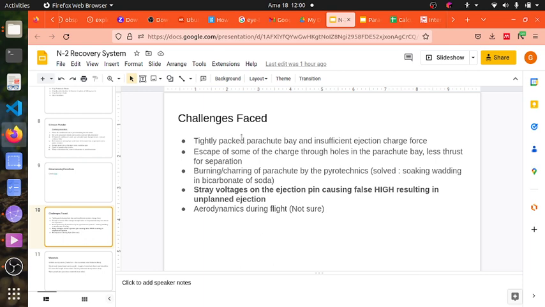Tightly packed means you're fitting too much material inside the parachute bay, and the crimson powder is not enough to eject it, because now it's tightly packed onto the inner walls of the body tube. So we want it to be moderately packed, and we want to have sufficient ejection charge force. So we tried different quantities of crimson powder to see what is the optimal one.